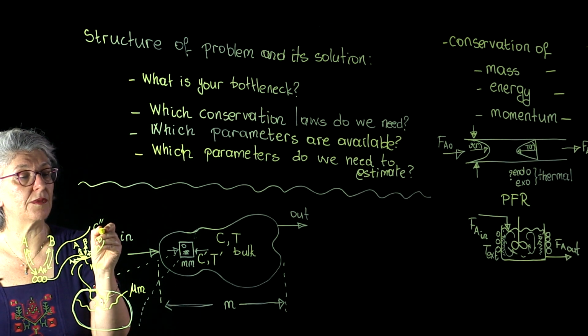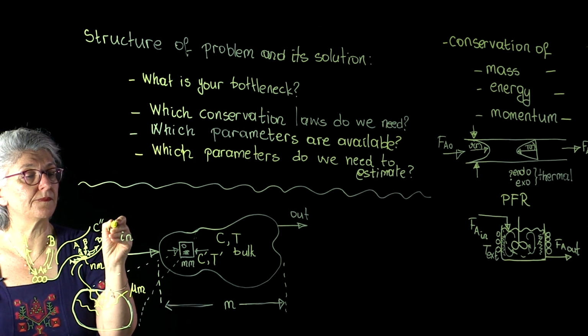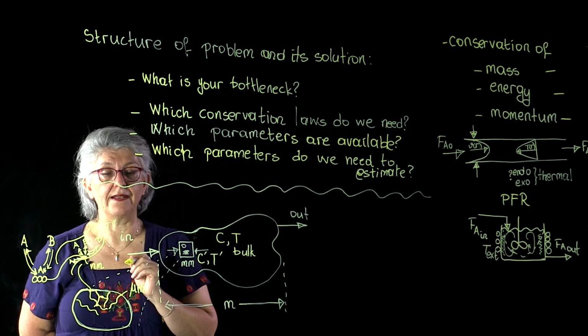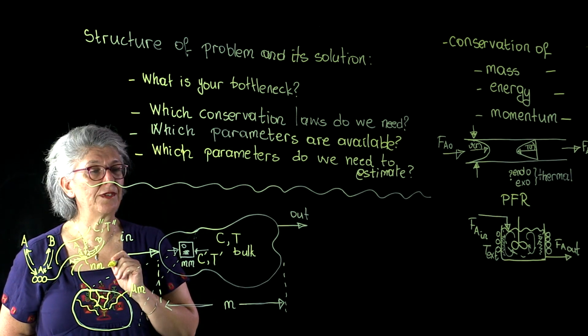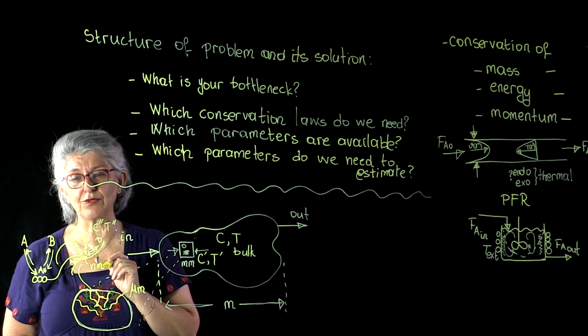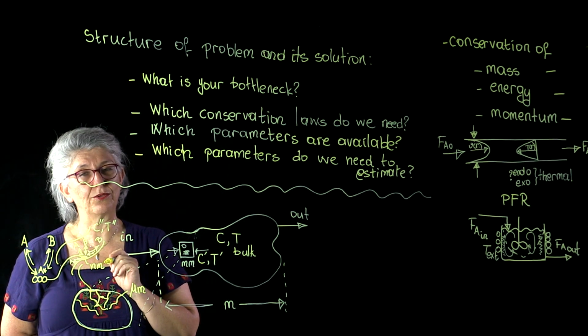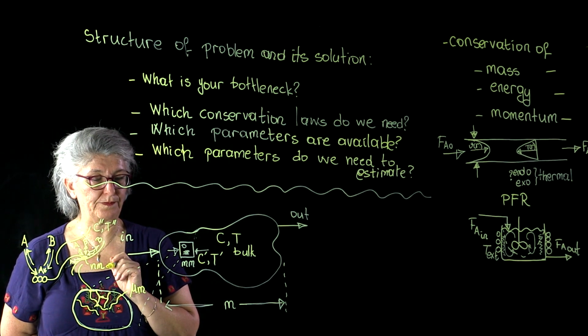Let me call these C double prime and T double prime. And to which precision we are going to estimate those concentrations and temperatures is going to be the topic of this course.